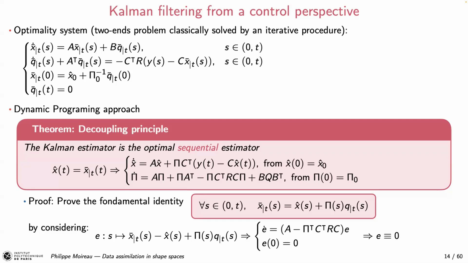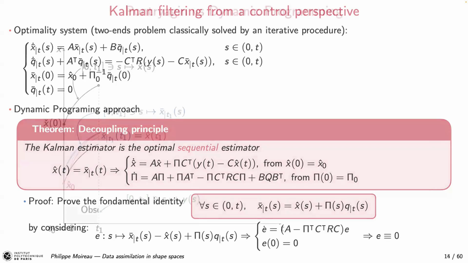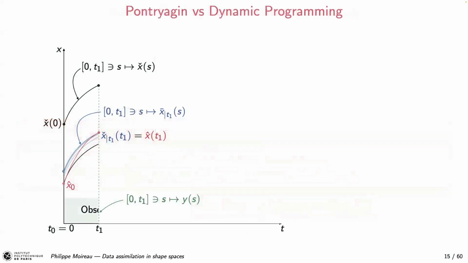Okay, just to show you how it works, let me show you this illustration. So you start with the true trajectory that you want to follow. You don't know this guy, so you start from the initial guess. You start from here, and you want to use the observation that you have here. Typically, you set up your optimal system, and if you do the iterative procedure, after convergence, you get there.